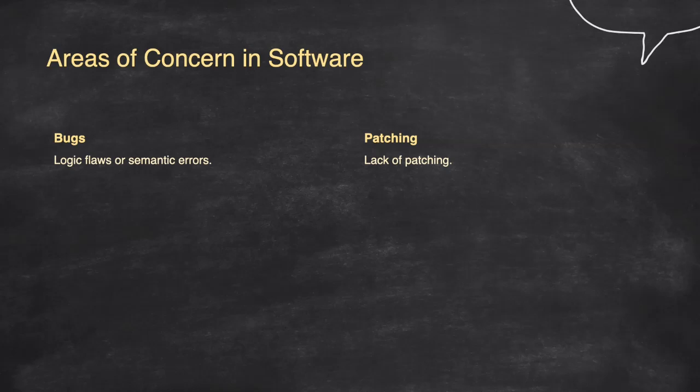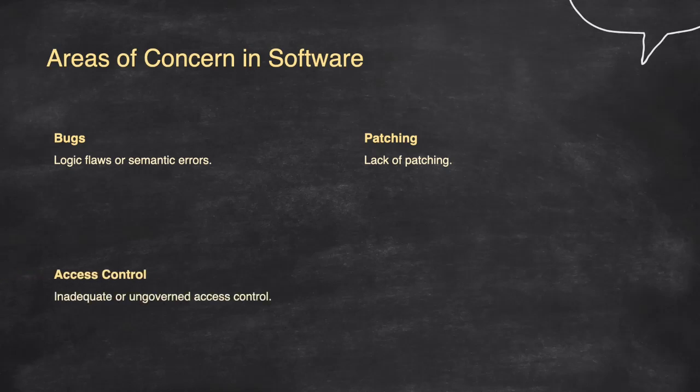Lack of patching can also result in performance issues, as outdated software may not work efficiently with newer hardware or other applications. Regular patching is essential to keep software secure, stable, and optimized, ensuring that any known issues are resolved before they can cause significant problems.